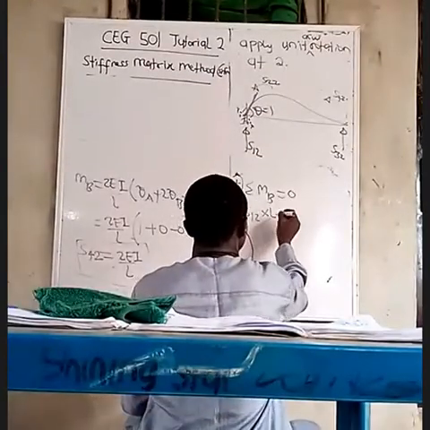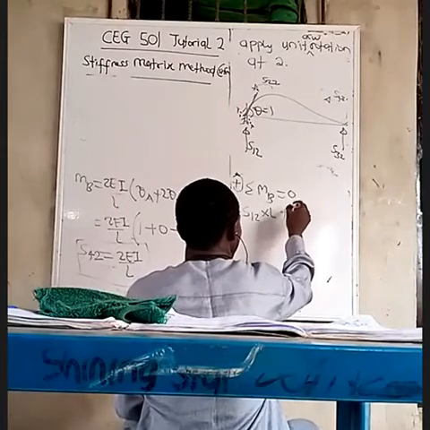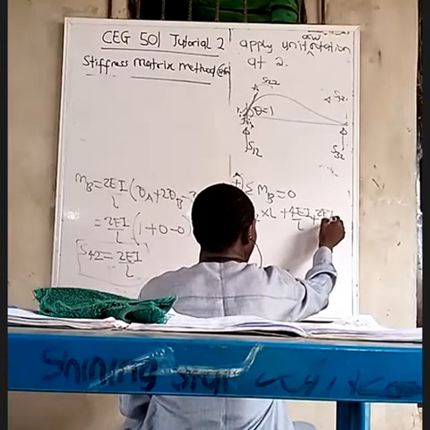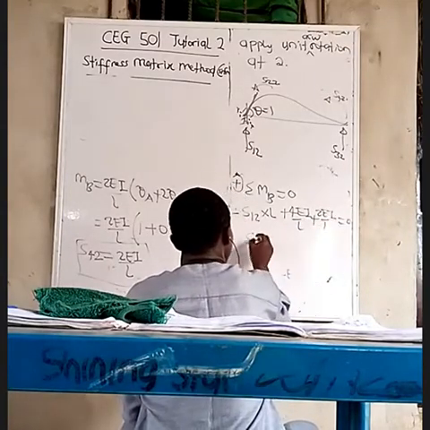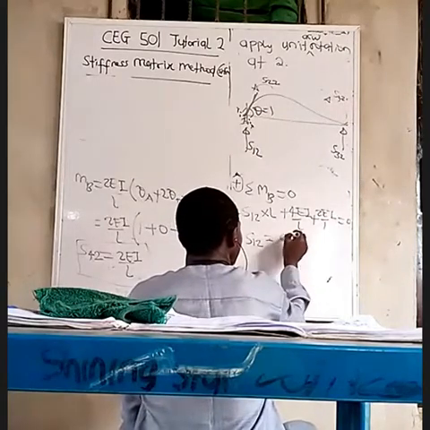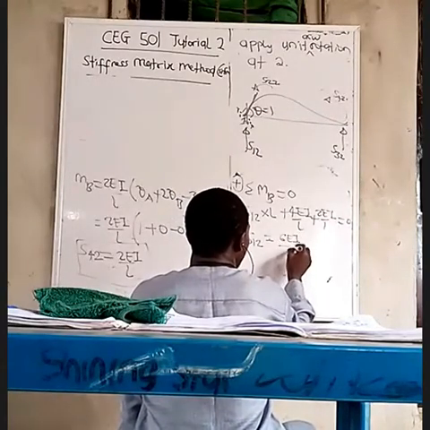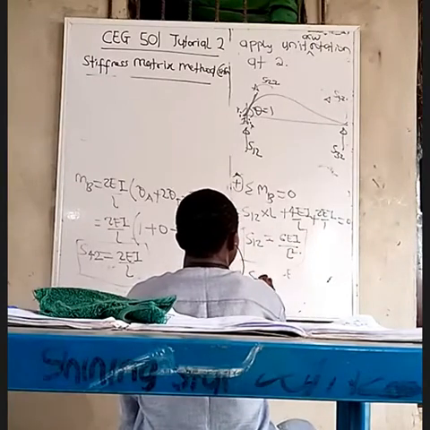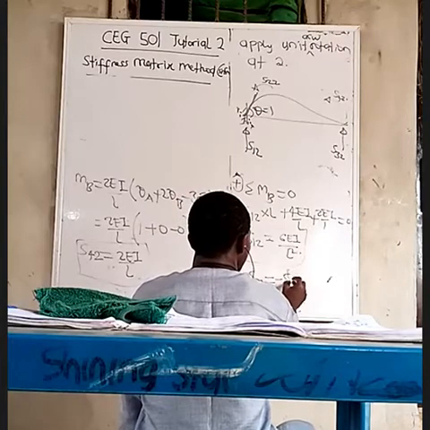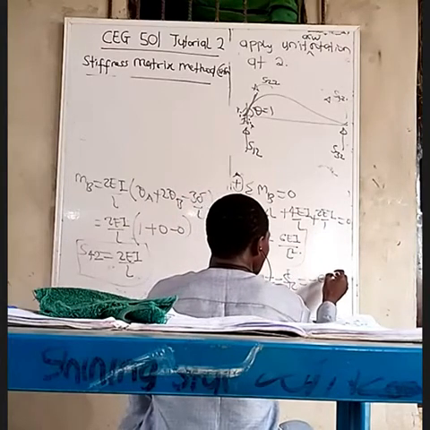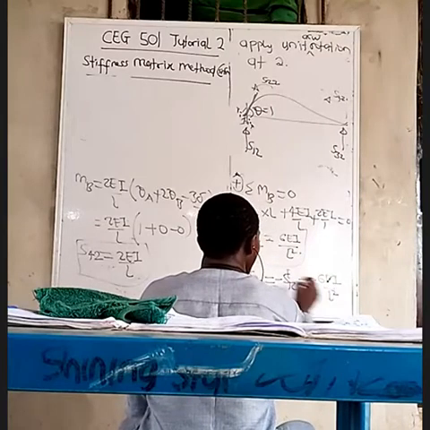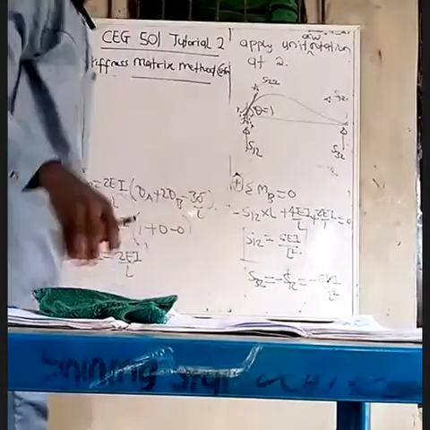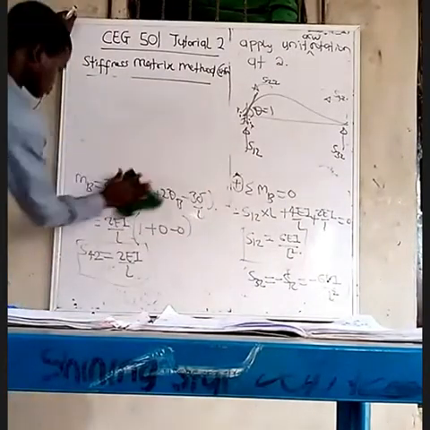That means S12 times L minus S32 times L plus 4EI over L plus 2EI over L is equal to 0. So S12 equals 6EI over L squared. Immediately you can calculate S32. S32 will be equal to minus S12, that's minus 6EI over L squared. So that is that.